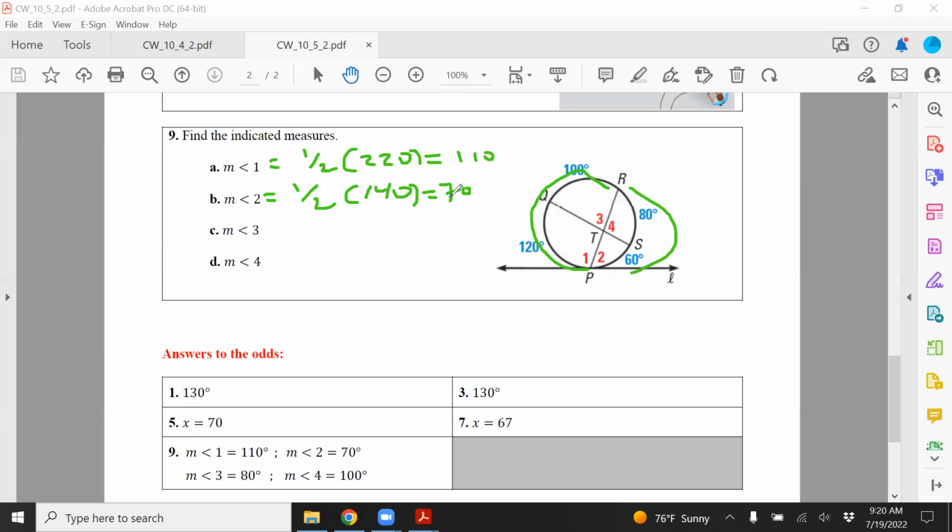Angle 3 is going to be half of 100 plus 60. Let me erase this so you guys can see what's going on here. So angle 3 is half of the sum of those two. That's why you get 80.